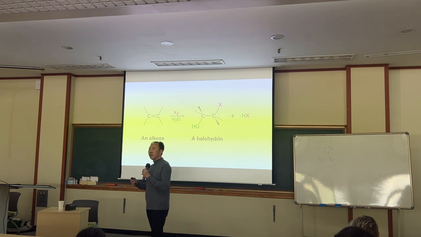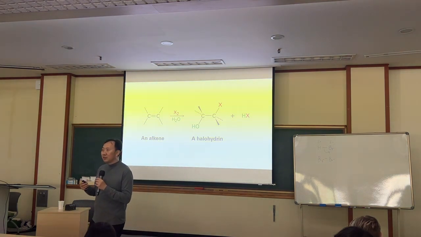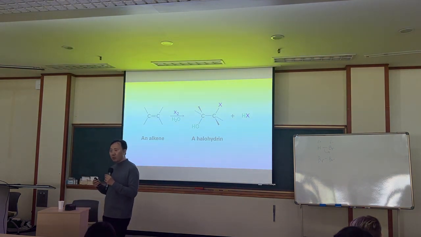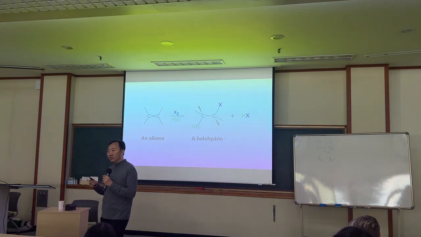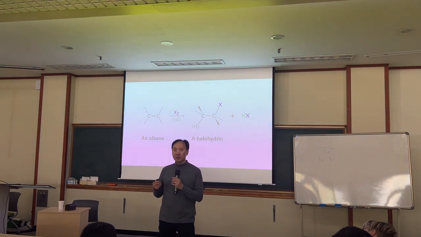By the way, Cl2 is not a human-friendly reagent. Have you heard of Cl2 being used in World War I as a gas? What do you call the gas name? Mustard gas. Is mustard a little different one?